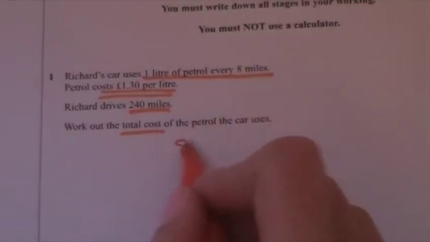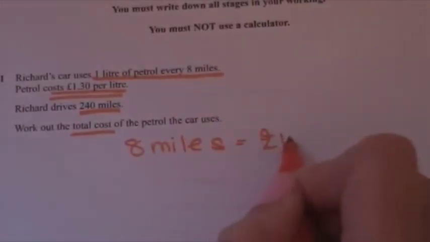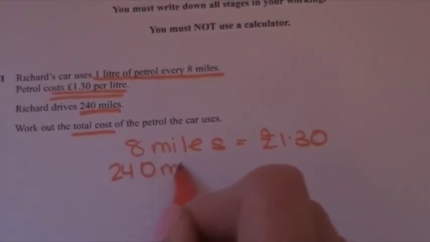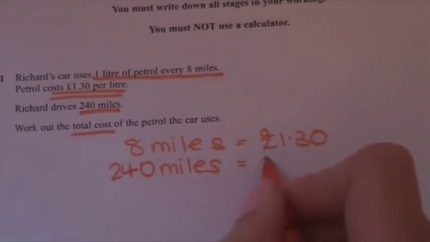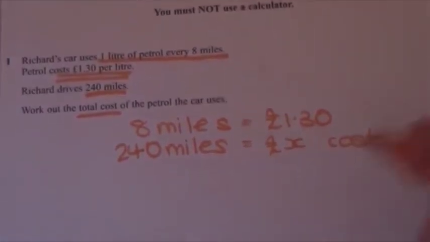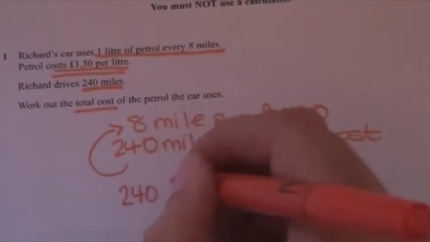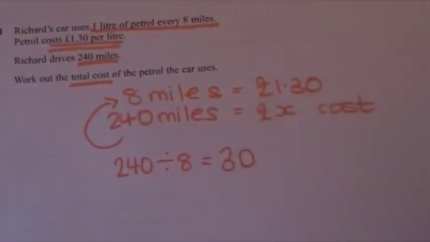So we know for every 8 miles, it's a cost of £1.30. And Richard drives 240 miles, and we want to know what that cost is. So first thing to do, 240 divided by 8 gives me 30.